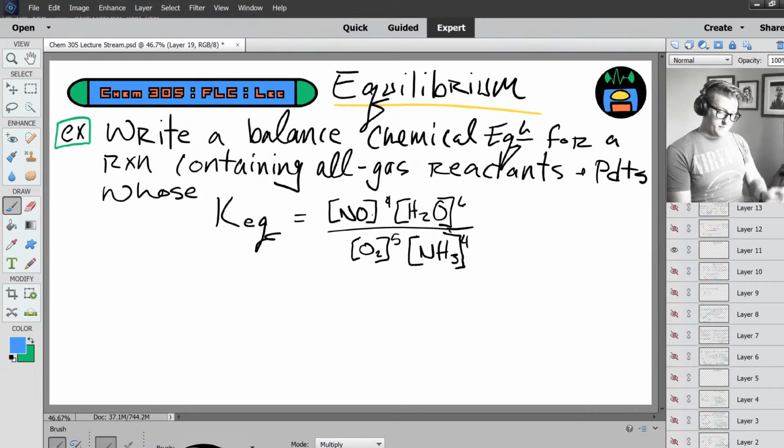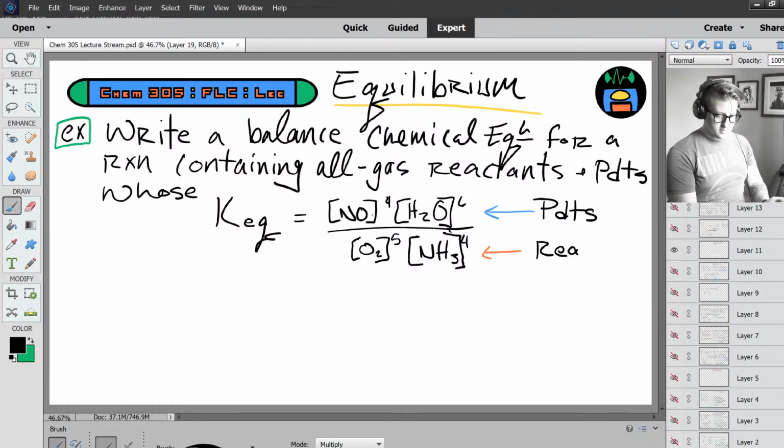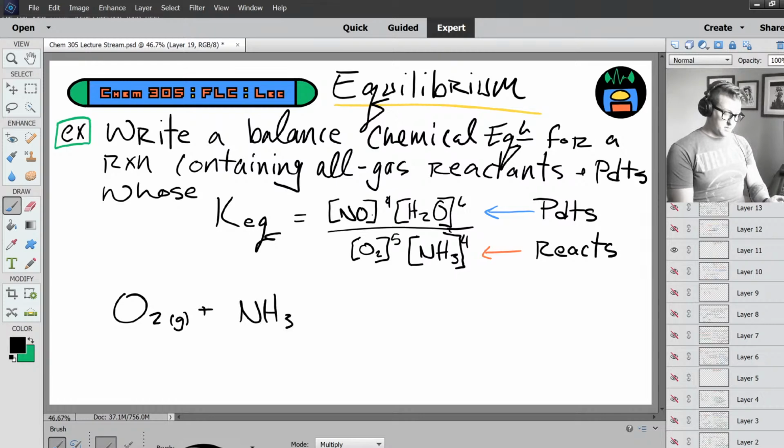Once you remember that the numerator up here, these are your products, and the denominator holds your reactants. So first step, our reactants are O2, gas, because we're told everything was a gas, plus NH3, also a gas.